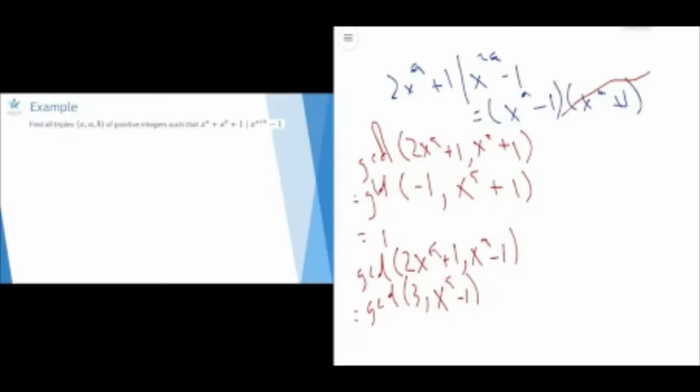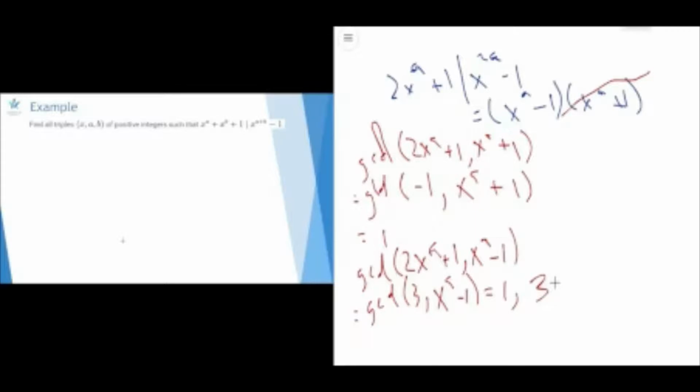And so since it's the GCD of 3 and something, it can only be equal to 1 or 3. But since we cross out the x to the a plus 1, we know that 2x to the a plus 1 divides x to the a minus 1. So that means the GCD of these two values has to be 2x to the a plus 1. So that means 2x to the a plus 1 is equal to either 1 or 3.